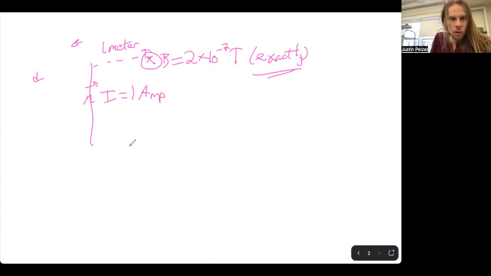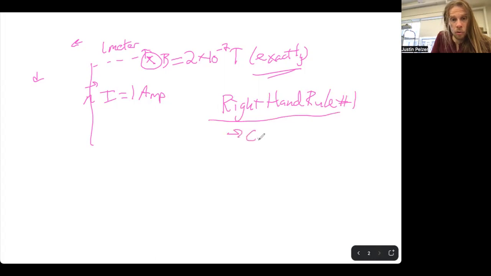Anyway, so you might say, how did I draw this? So that's the equation, that's the theory. So what's the drawing? The right-hand rule, number one, is the right-hand rule to determine how to create a B field. And there's two steps.